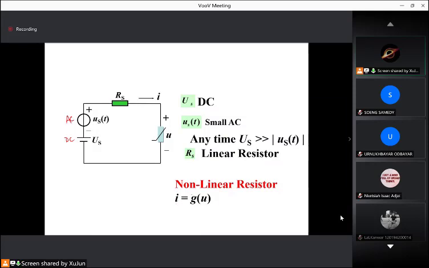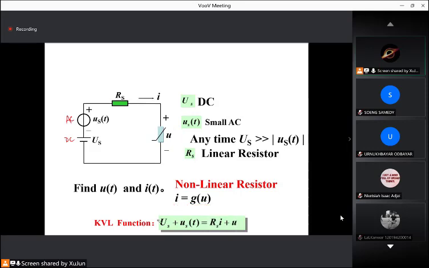I equal to G(U). This is the description of the nonlinear resistor. For the Kirchhoff function, US plus UST, these two sources will be this voltage U and this resistor voltage RS times I.